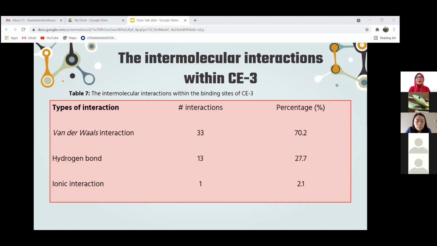So maybe there is a possibility to break this kind of interaction with a drug, antivenom, etc., as you suggested. Okay, thanks for the presentation. Any more questions?